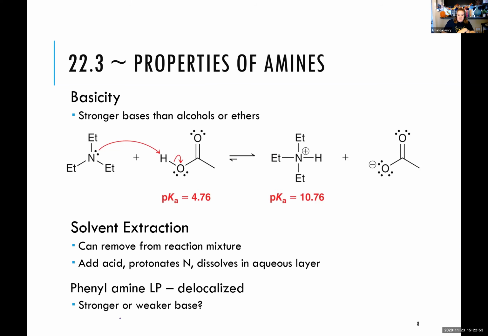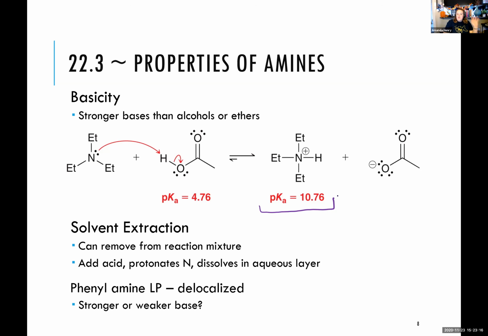And then our last slide before we call it quits for today is looking at the basicity. So our nitrogen groups are pretty strong bases. When they are protonated, they are fairly weak acids. So we can use those nitrogens to remove hydrogens from whatever it is we're reacting with.